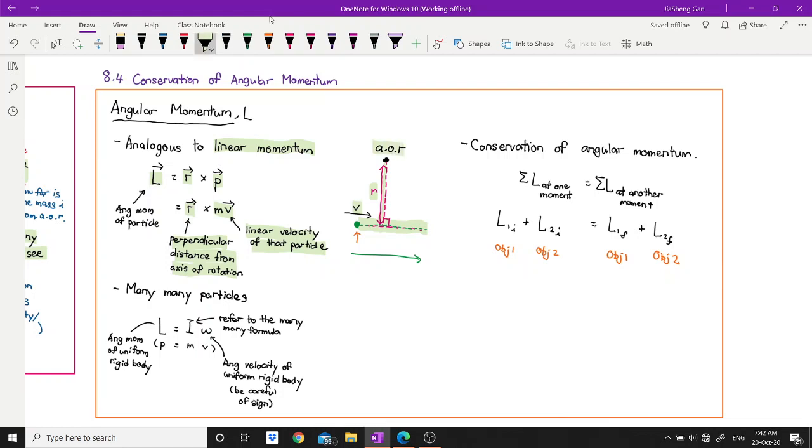But usually for a rigid body you have many particles. If you want to calculate this one by one, it would take infinitely long. So after some derivation and a lot of integration, you end up with this formula: angular momentum equals moment of inertia times angular velocity.